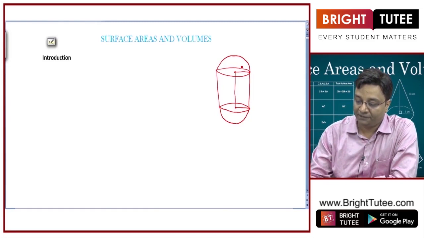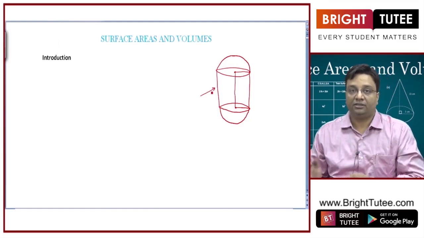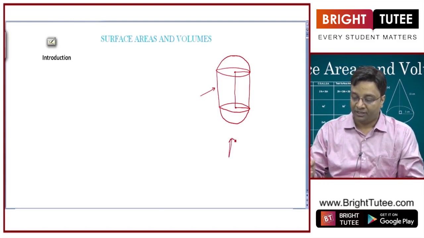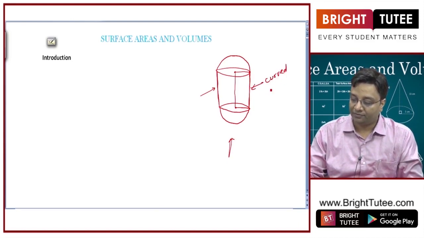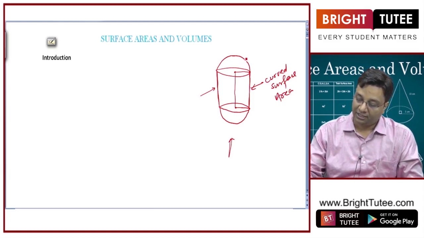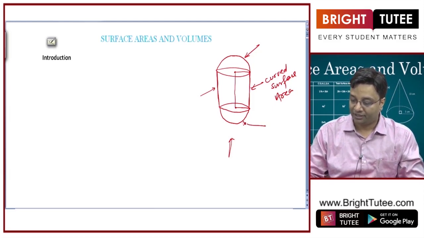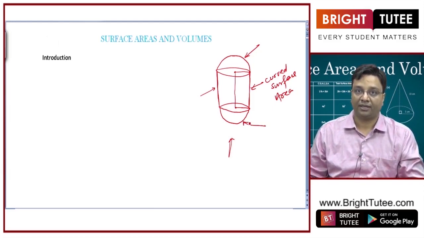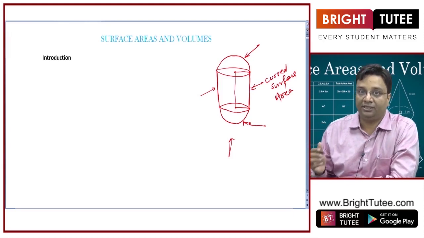Now if you ask me the outer area of this solid shape, it will be a combination of the curved surface area of this cylinder, curved surface area of this hemisphere and this hemisphere, right? So these kind of questions will come in this chapter.